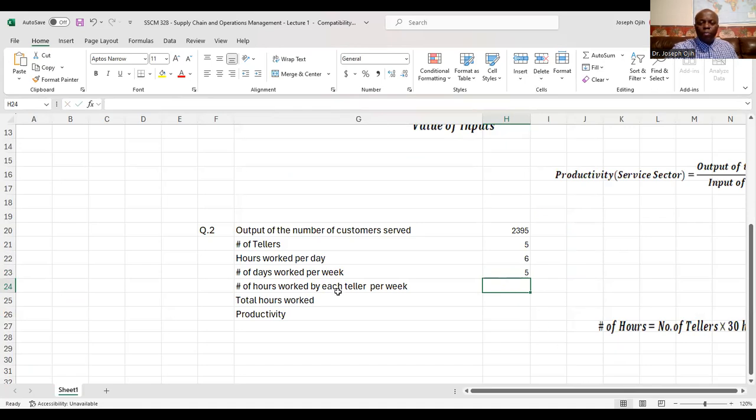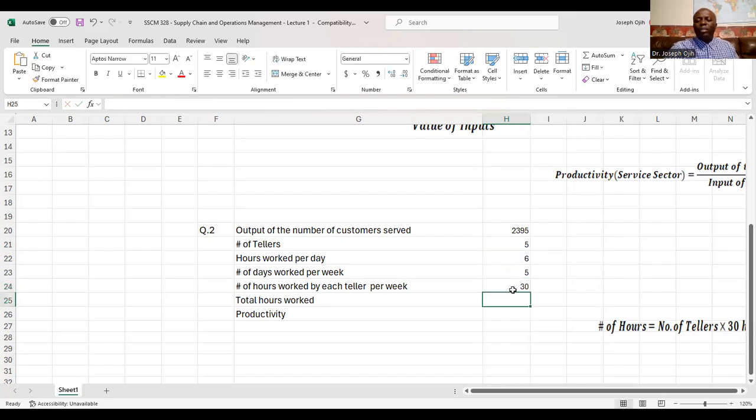The number of hours worked by each teller per week will be 6 hours per day times the number of days in a week, which is 5 days.